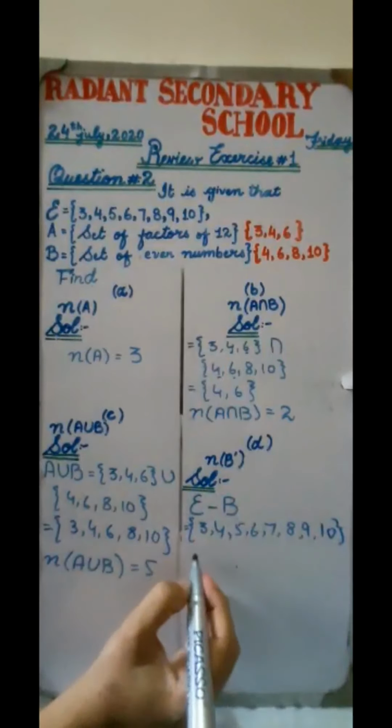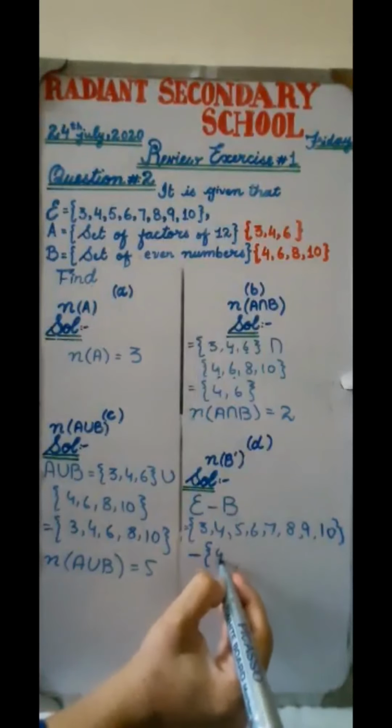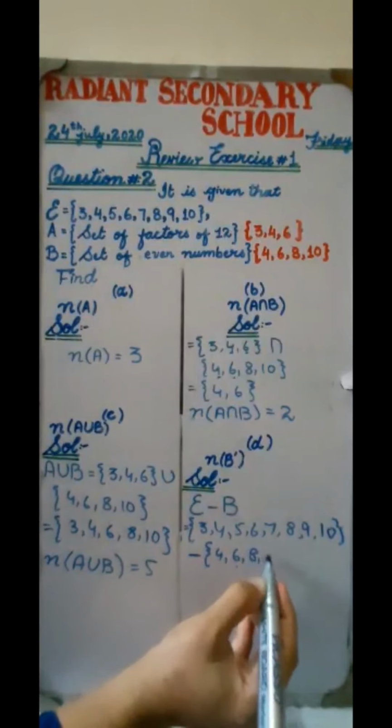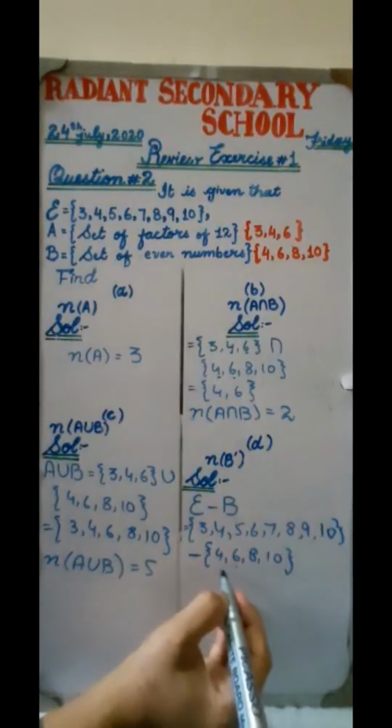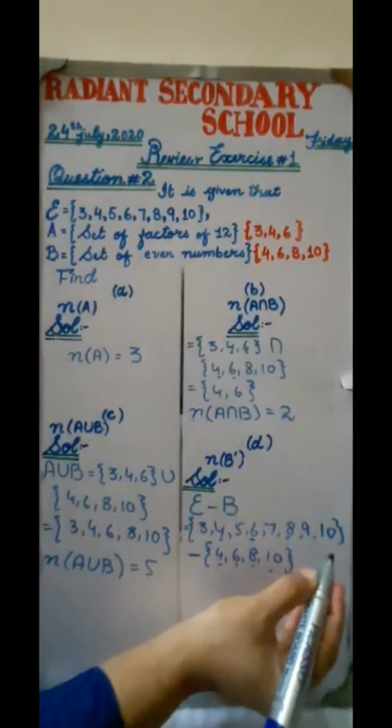Okay, universal minus B set. B set is 4, 6, 8 and 10.